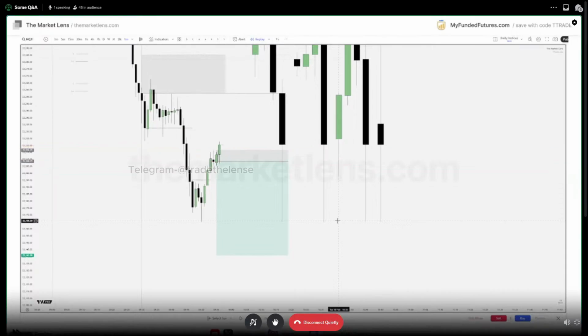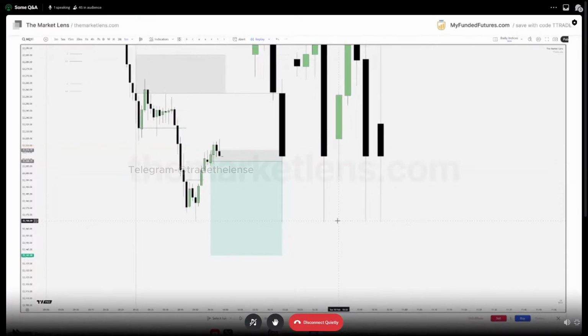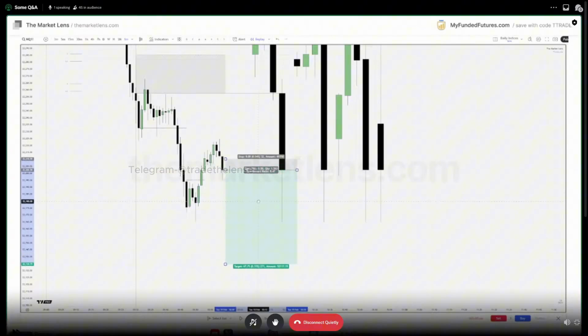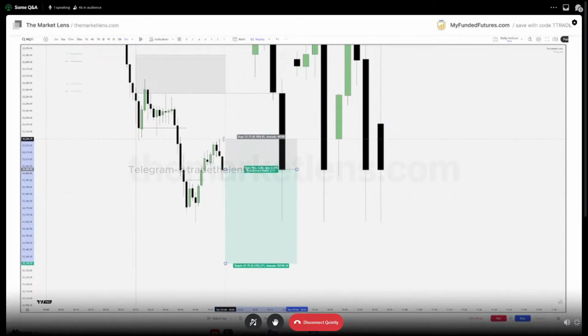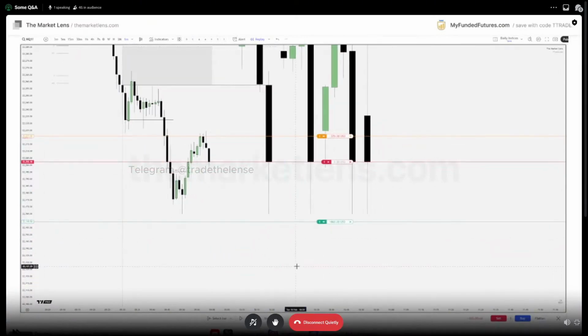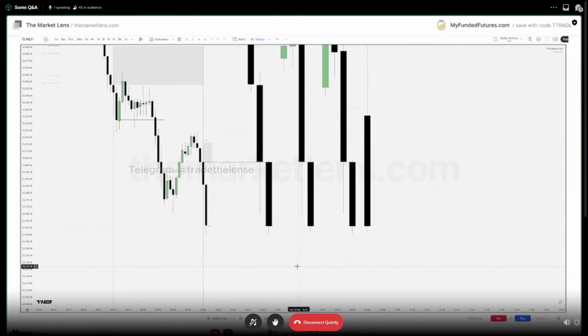It looks like it runs you out. Yeah. And then this is the one that's actually confirmed. There or there. 370, if you're trying to trade the continuation.